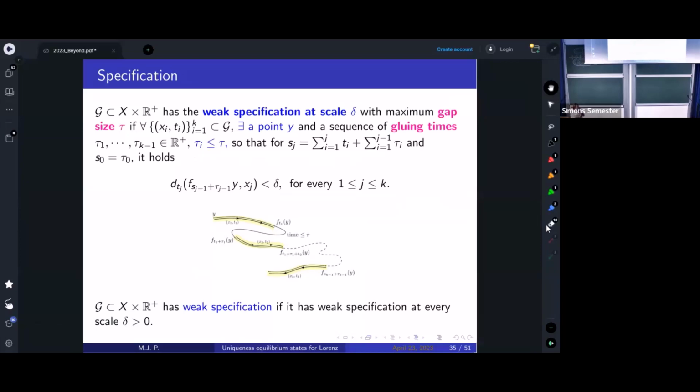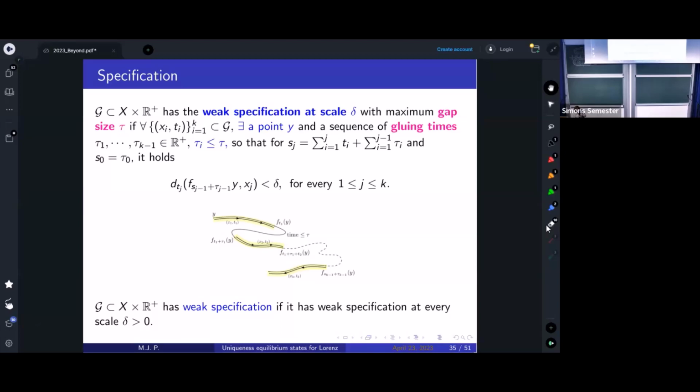Then specification. There are many meanings for specification. You follow, or shadow, the orbit by parts, and you have some gap in between. Here we say it is weak specification at scale delta, because we let the gap between the segments vary, so the gap is less than or equal to a bound but not fixed.